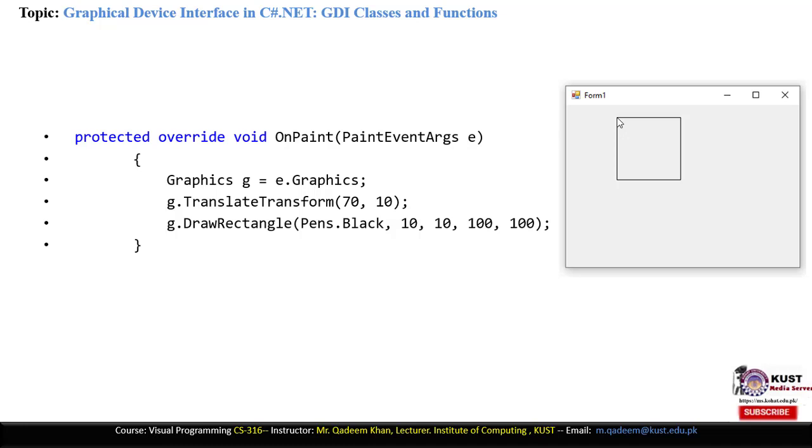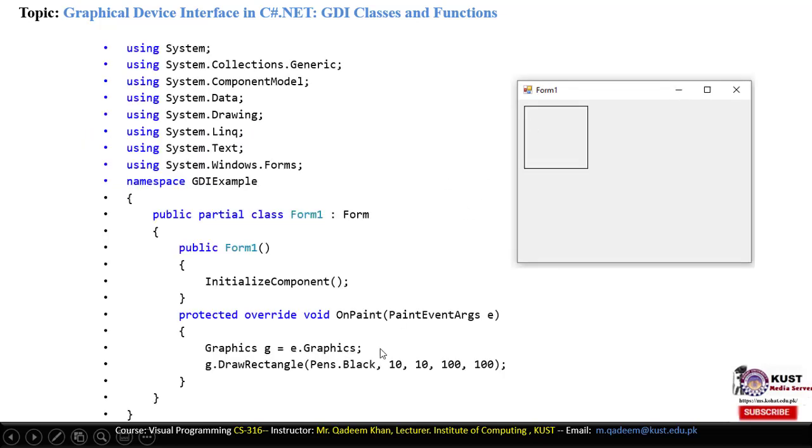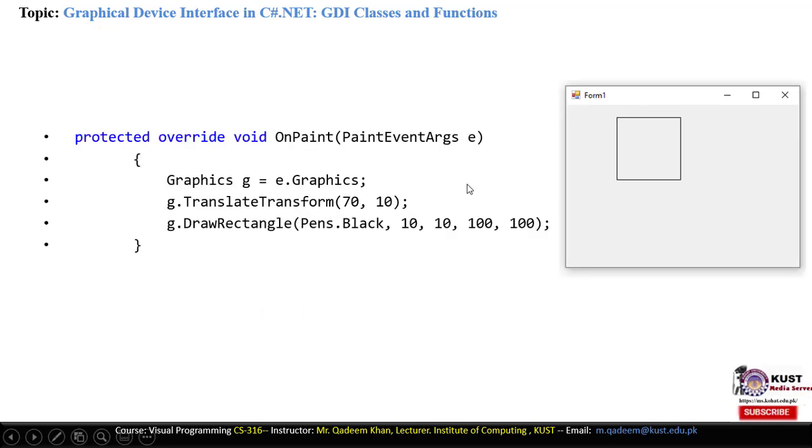So it starts the rectangle from this starting point. Now this point will be ignored here. Initially in the previous example, this first point was 10, 10, while here it is still 10, 10, but the rectangle has been transformed. Transformed means it is shifted to another position, that is 70 comma 10 here, and that black rectangle has been printed here.